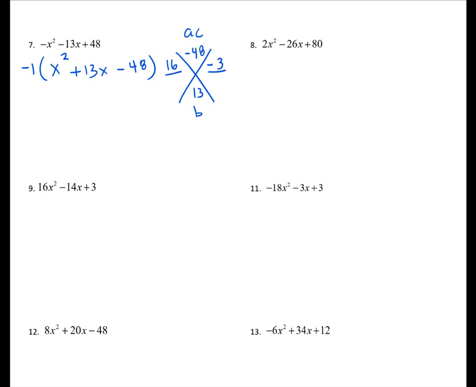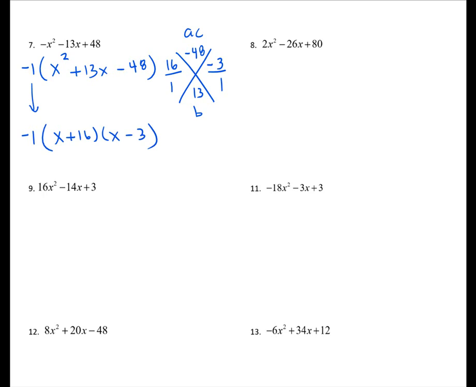After you find the numbers, you divide by a. Now a is +1 now, right? Because remember we took out the negative, so a is +1. So remember, the denominator goes in front of the x. Okay. So remember, we took out the -1. It's got to be part of our answer. So then we're going to end up with x plus 16 and x minus 3. Okay. So don't forget your GCF. Make sure it's part of your answer. I see students forget it a lot.